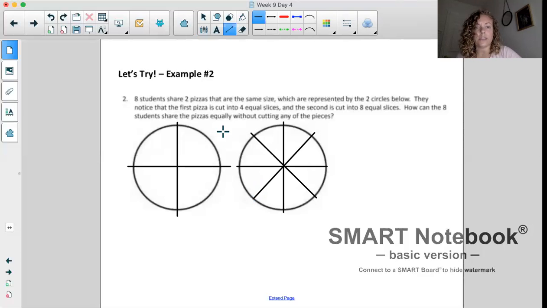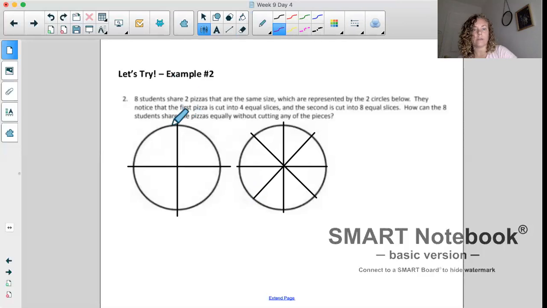How can they share with 8 people? One person would get this piece, one person would get that piece, 3, 4. So 4 people have gotten pizza from this one. How can we make sure it's fair over here too? They need to get the same size piece.